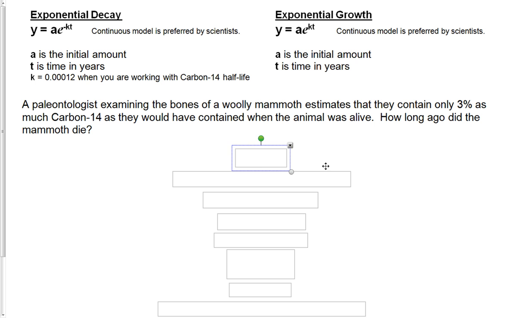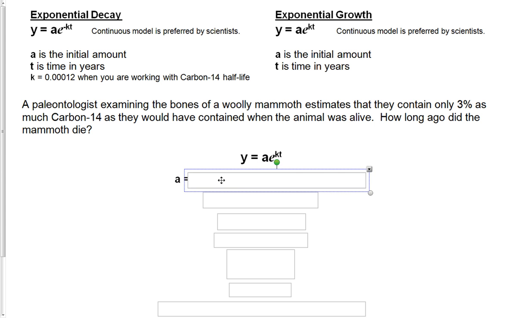So let's set up this equation. y equals a times e to the kt, and we know that our a is our initial amount. Well, they don't tell us an initial amount, so we'll just assume that it's 100%, or 1.0.